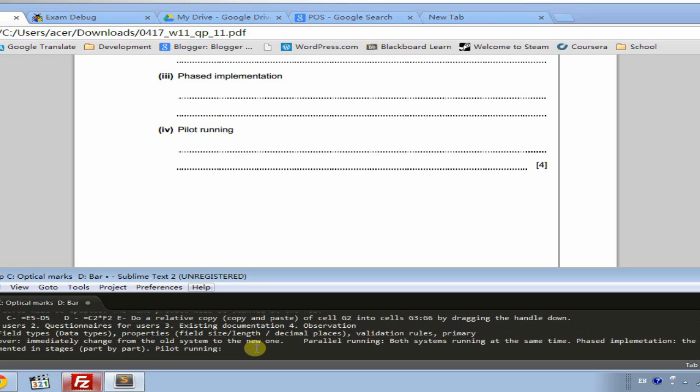Okay, so the system is implemented one branch at a time. One branch section of the company at a time. Yep, so be careful with these two as they can be quite similar.